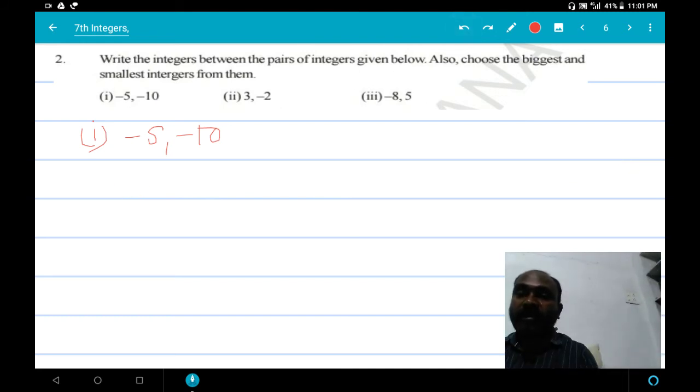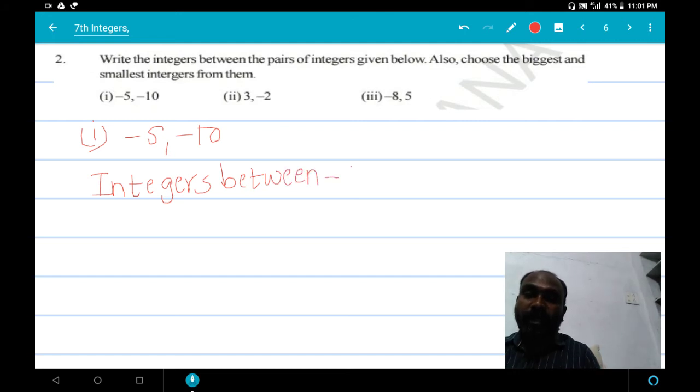Here write between integers, write like this: integers between -5 and -10 are -9, -8, -7 and -6.